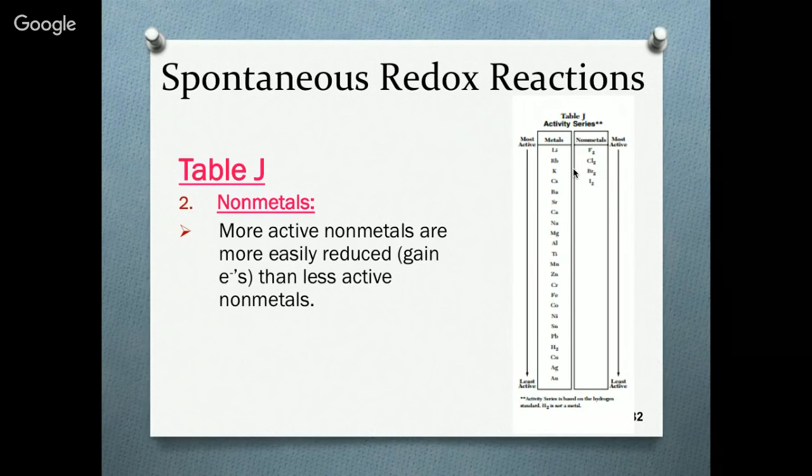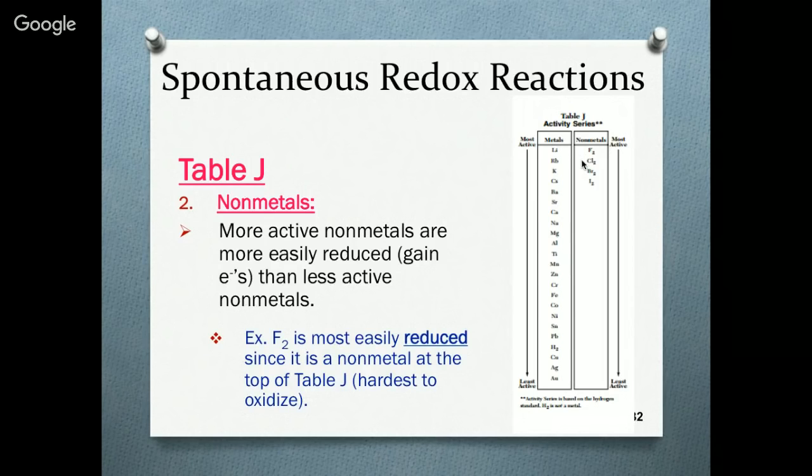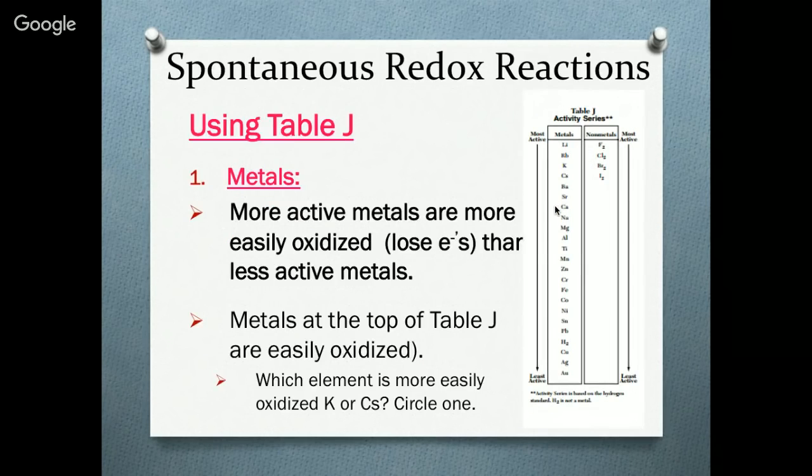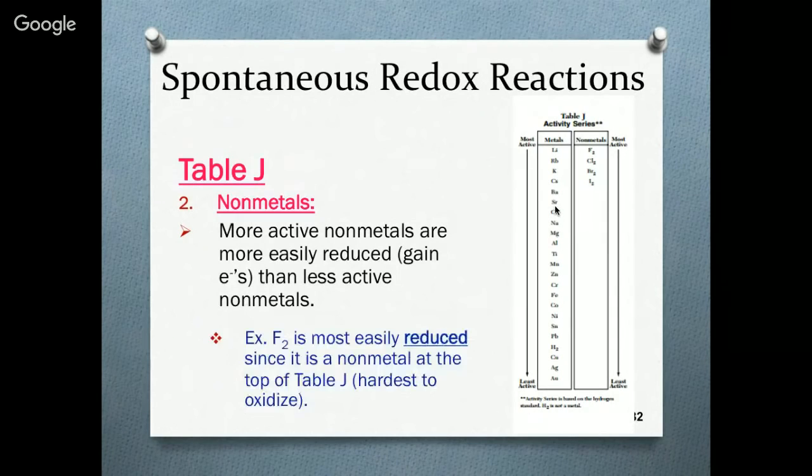For nonmetals, the more active nonmetals are the ones that are more easily reduced, or gain electrons, so they're at the top of the chart. Remember, nonmetals like to gain electrons or be reduced. So F2 is most easily reduced, at the top of the nonmetal side. If you get a question asking which is most likely to be reduced and it's a metal, look at the bottom of the metal chart.